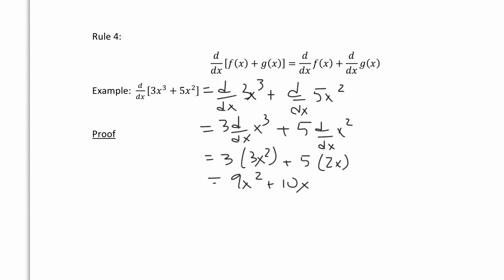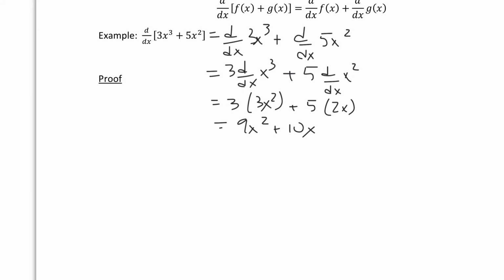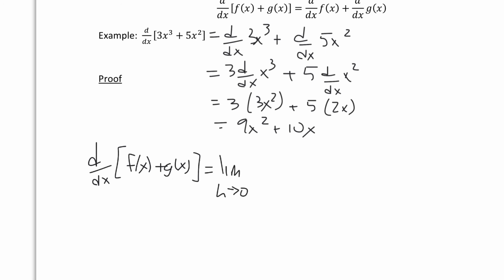So let's take a look at the proof here. We're going to start with the derivative of f(x) plus g(x), which means we would have the limit as h approaches 0 of f(x+h) plus g(x+h) minus f(x) minus g(x), all over h.